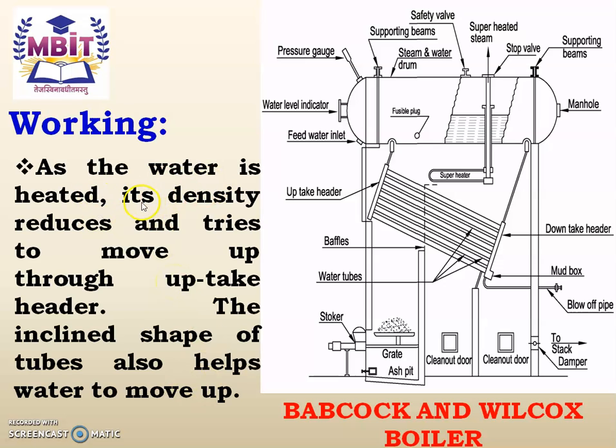As the water is heated, its density reduces and it tries to move up through the uptake header, and the inclined shape of the tube also helps the water to move up.